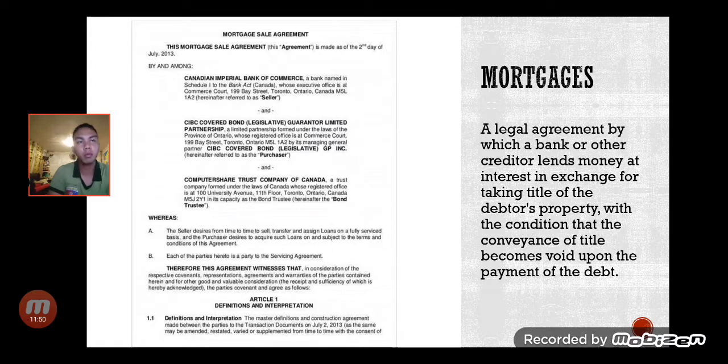So the property you used as collateral will be owned by the creditor, or if you are able to pay the debt including the interests, then you will take possession of your collateral or your property back.